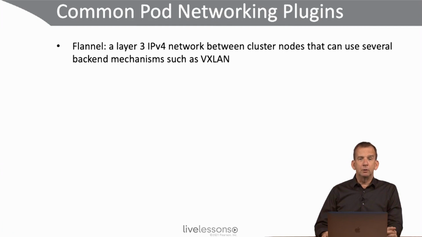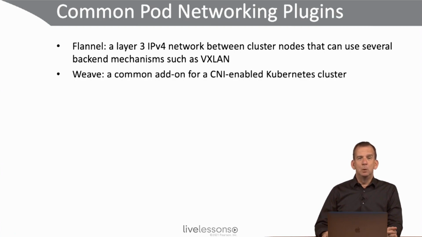But there are other plugins as well. These include Flannel. Flannel is a layer 3 IPv4 network between cluster nodes that can use several backend mechanisms such as VXLAN. It's really a plugin that has been developed to be used in cloud environments. Weave is a very common add-on for a CNI-enabled Kubernetes cluster.